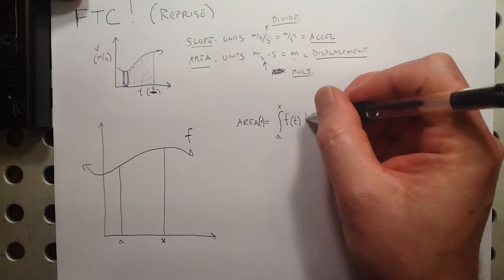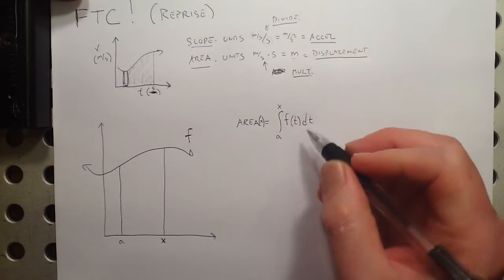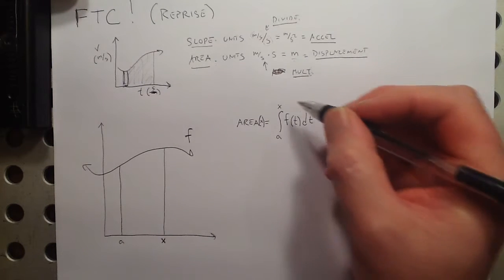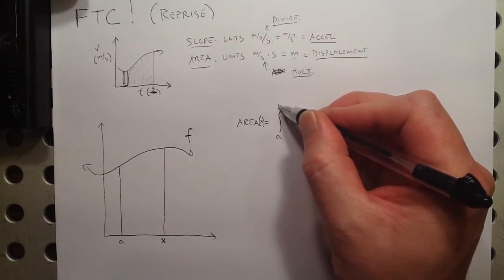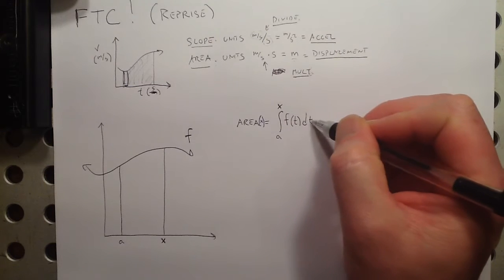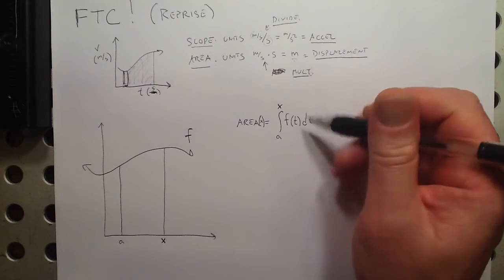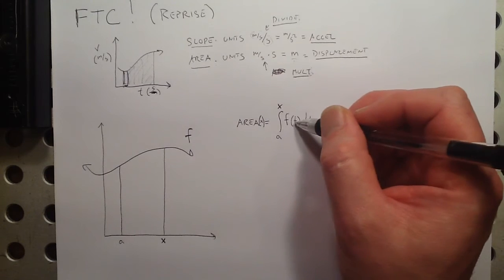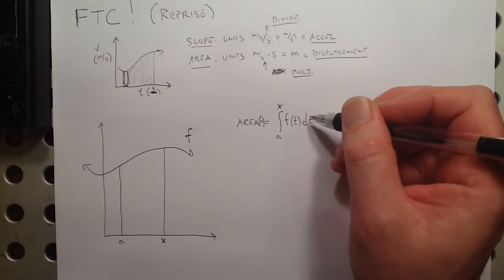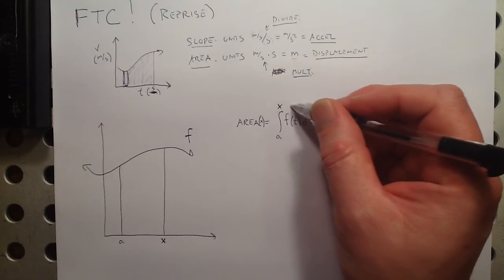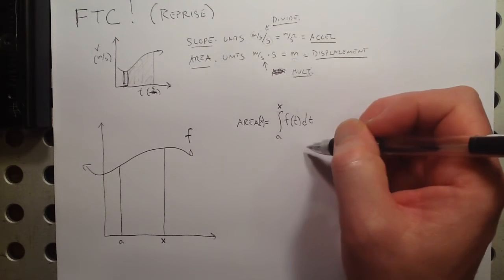And then this is that kind of weird, sometimes confusing thing here. I'm going to say that this is f of t dt, and the reason that we put the t here is because x is already being used as a variable. So I'm using t. It doesn't really matter what letter you use there as long as you don't use x, because we've already used x. This is sometimes called a dummy variable because we're really just waiting for the x's to come along so that they can come in here, right?